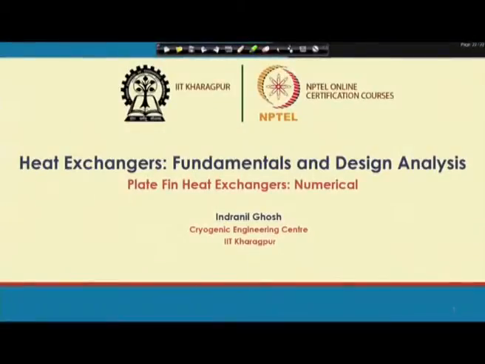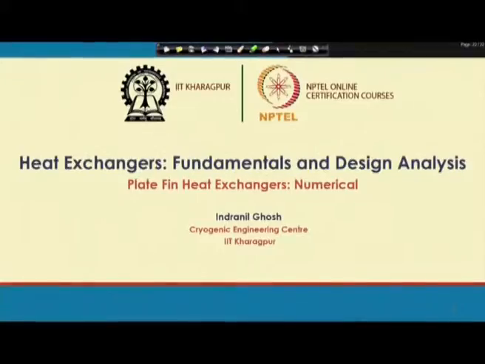Now let us look into the details of this plate fin type heat exchanger, where all the heat exchanger dimensions and details will be given with some inlet parameters, and accordingly we will solve for the exit temperature of the fluid streams, and also estimate the amount of heat getting transferred.